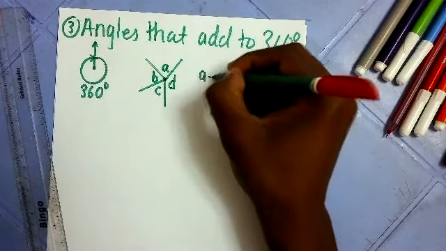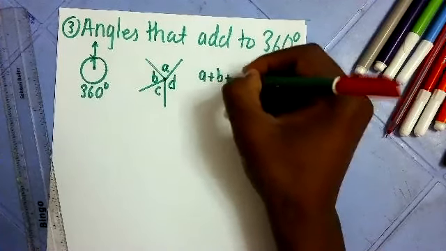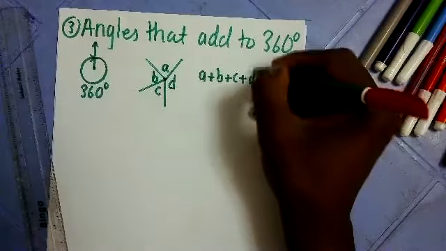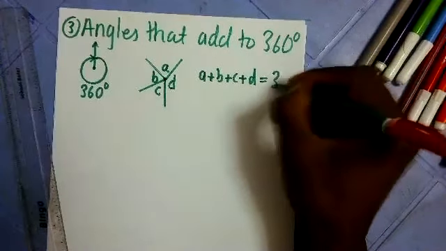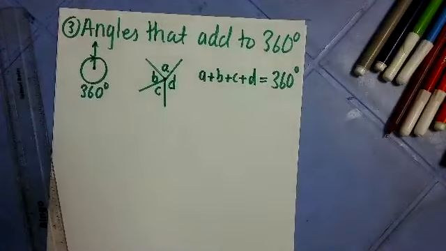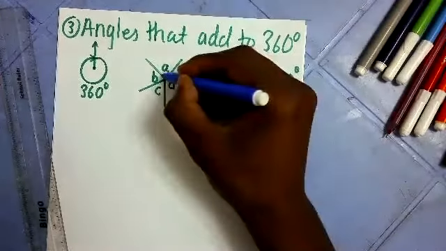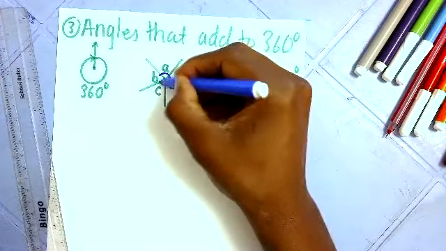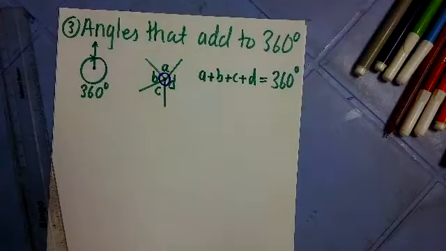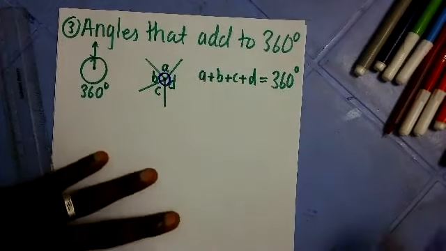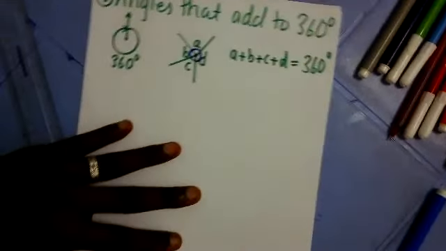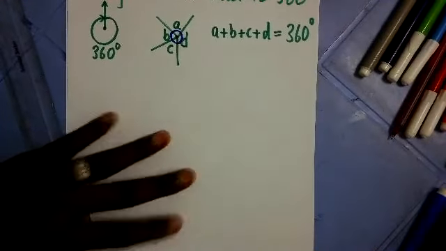So A plus B plus C plus D should always give us 360 degrees, because we said we have angles at a point. When you rotate around a point, you should get 360 degrees. So let's see an example.